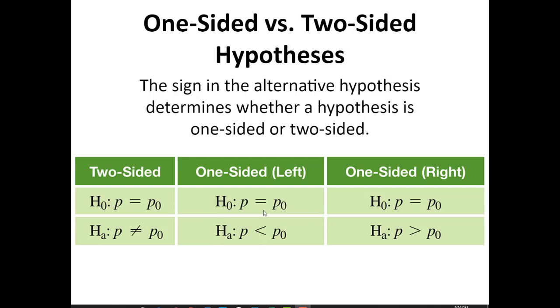So you're looking to reject the null hypothesis if in your study's results you get a proportion that is much lower than the null. Finally, for a one-sided right-tailed test, you will only reject the null if the proportion that the results of the study give you is much higher than the population proportion.